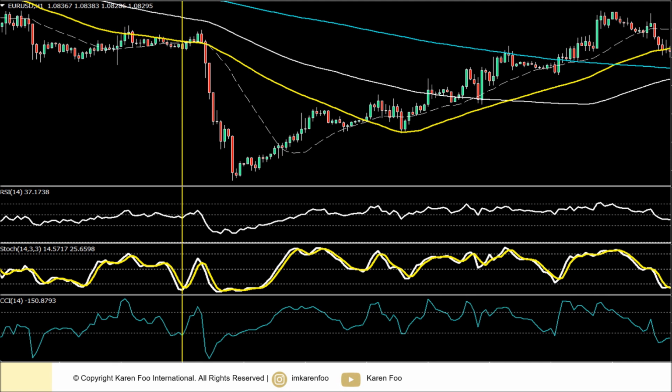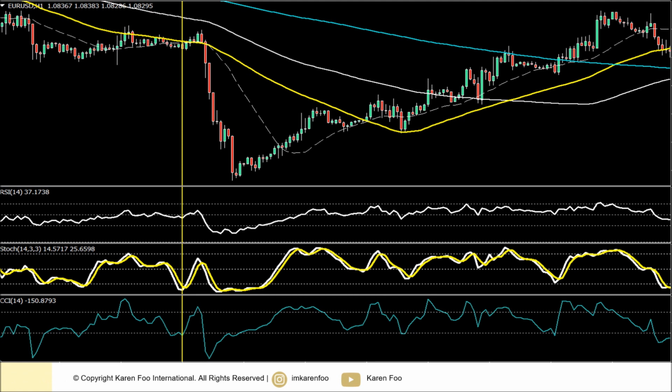So you can see at this point in time, the yellow line over here, RSI did not go to the extreme levels, stochastics went to oversold, CCI went a little bit oversold. So in this case, only stochastics and CCI gave us an oversold signal.